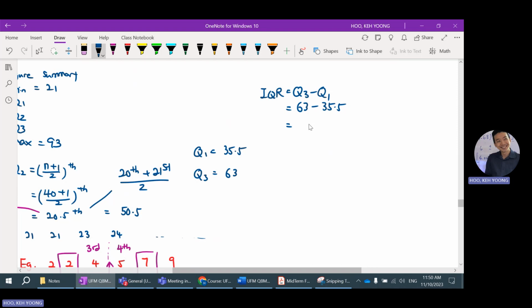Let me use my calculator here. 27.5. So, inner lower fence and inner upper fence. The formulas can refer to this. Q1 minus 1.5 times IQR.